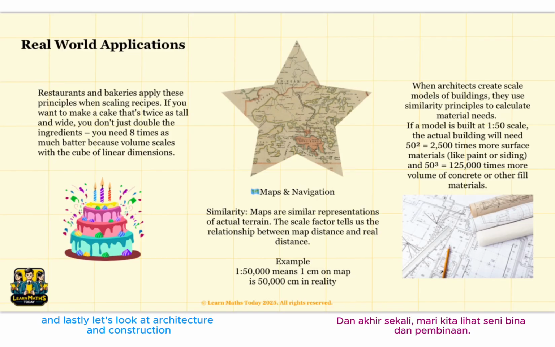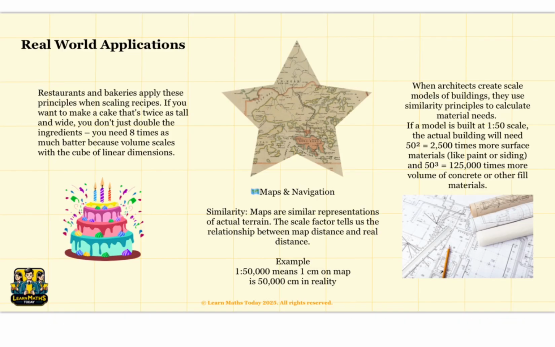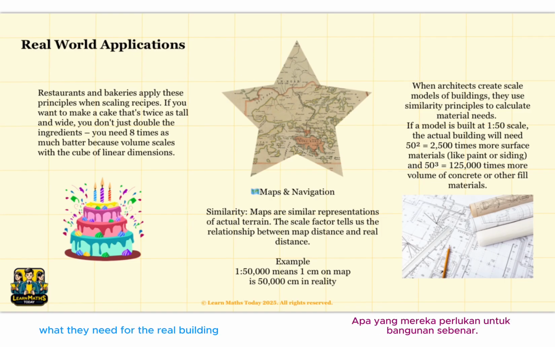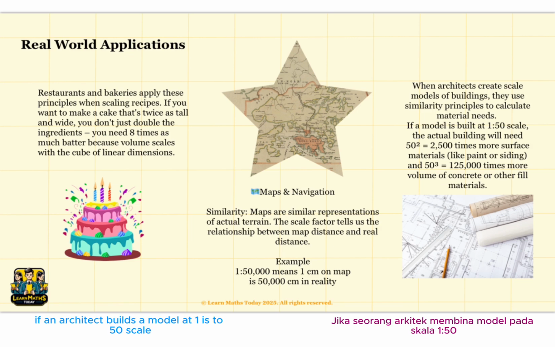And lastly, let's look at architecture and construction. When architects create scale models of buildings, they're using the similarity principle to calculate exactly what they need for the real building. Here's a fascinating example. If an architect builds a model at 1:50 scale, meaning the model is 50 times smaller than the real building, the actual building will need a lot more materials than you think.